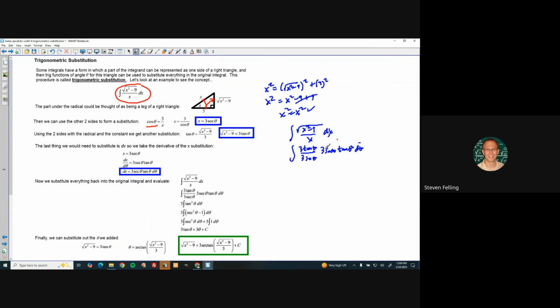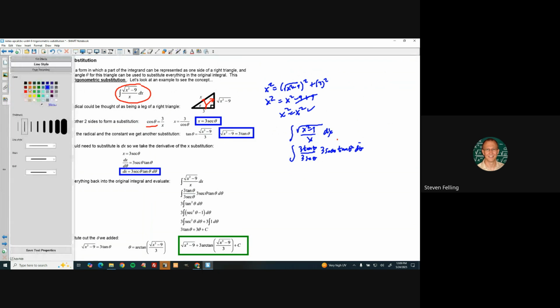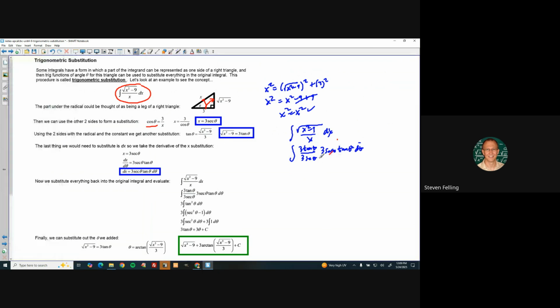But we got some cancellation that happens here. These secants cancel, these 3's cancel, and you're just left with 3 times tangent squared of theta d theta. And we've converted this from a regular integral with a radical into a trigonometric integral that we learned how to deal with in the last section.